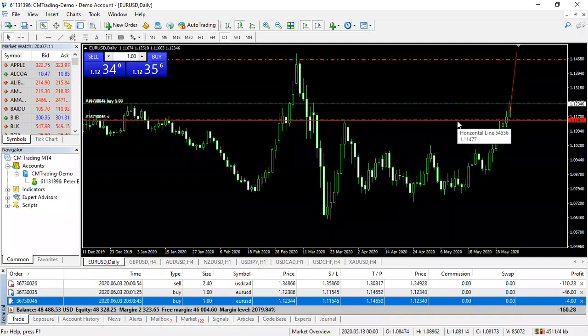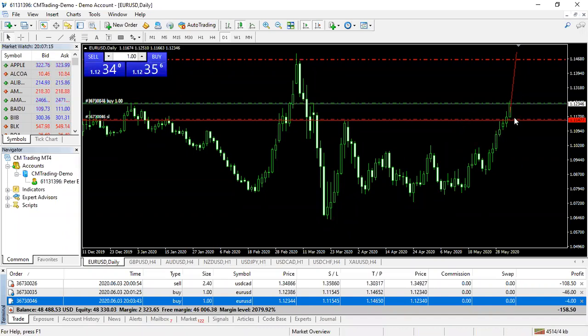Trailing stop ni mali in case market move 20 pips, then my trailing stop ama my stop loss itaifuata na 20 pips. So in case market move 30 pips, then stop loss yangu itakuwa behind it somewhere hapa, behind it na 20 pips. Okay, so quick place it's a bit easy.